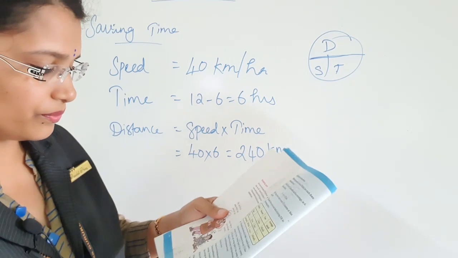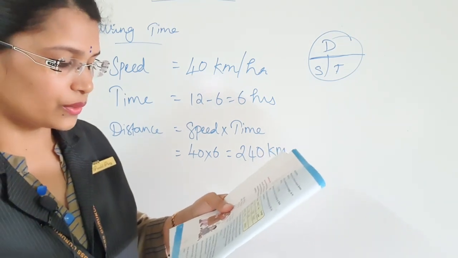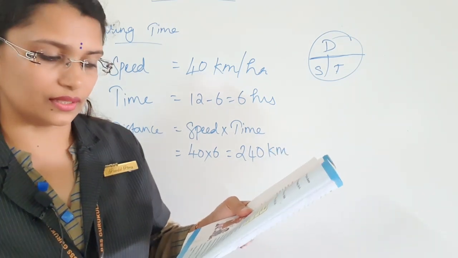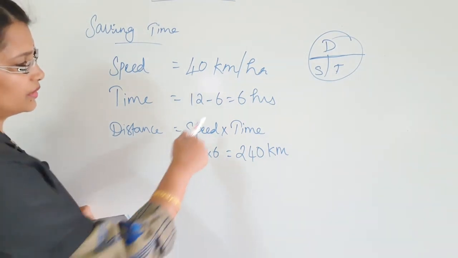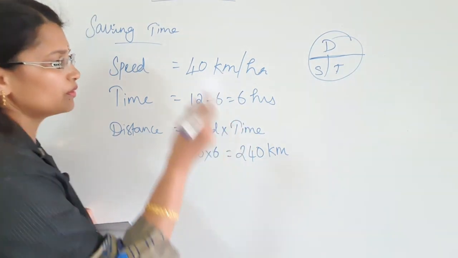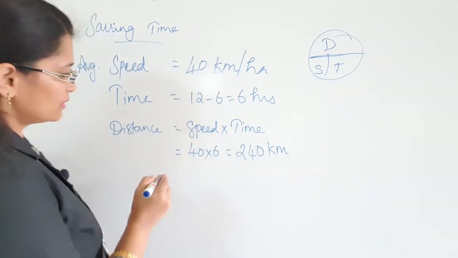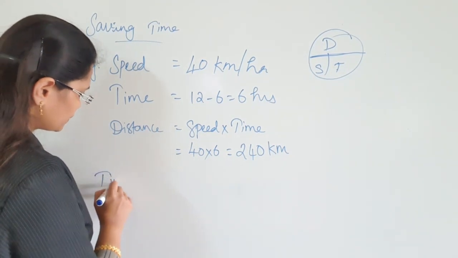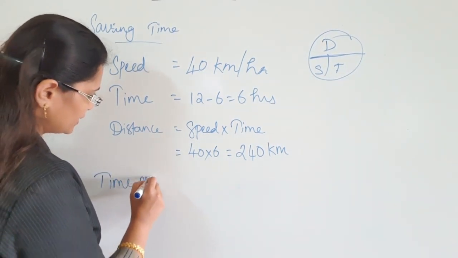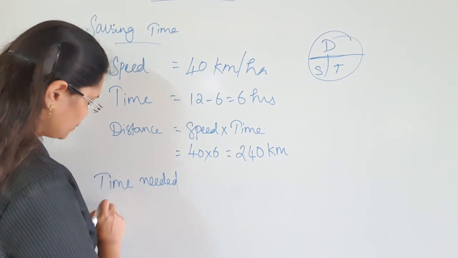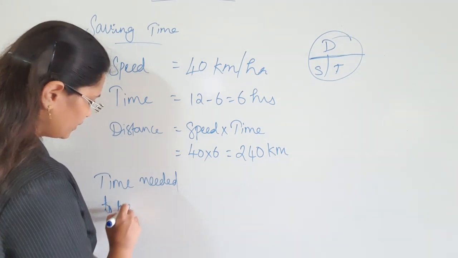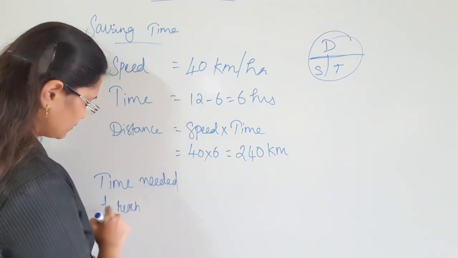Then to reach 1 hour earlier. To reach 1 hour earlier means this is 6 hours, so 5 hours.